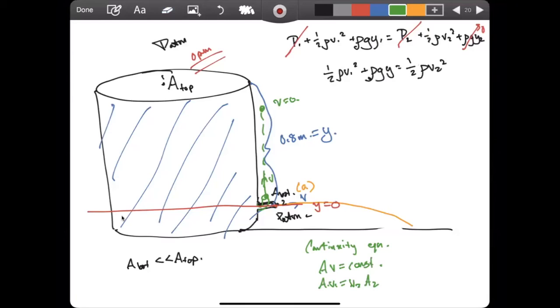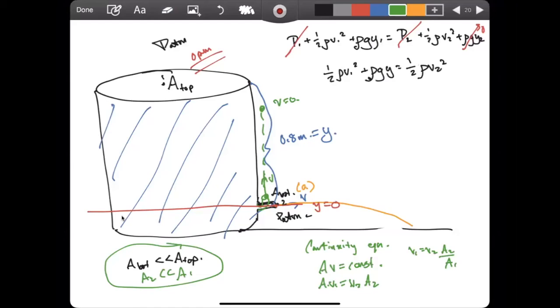Anyways, solving for V1, this says that V1 is equal to V2 times the ratio of the two cross-sectional areas, A2 divided by A1. Now, in this problem, I didn't actually give you what A1 was, and I didn't give you what A2 was, or in this case, A top and A bottom. But we do have this condition that A1 is much, much bigger than A2.